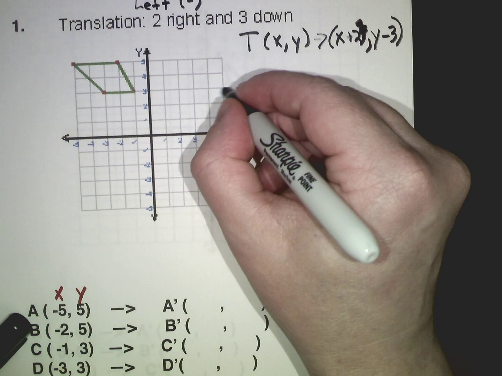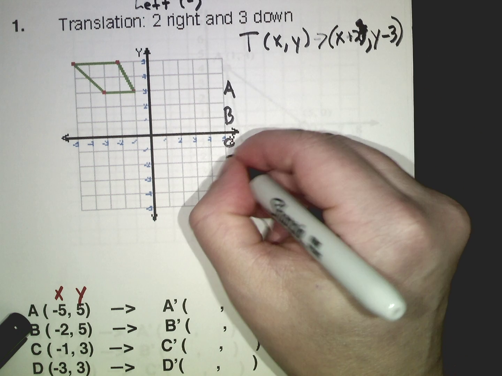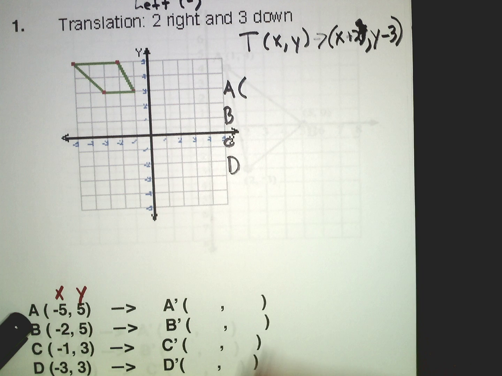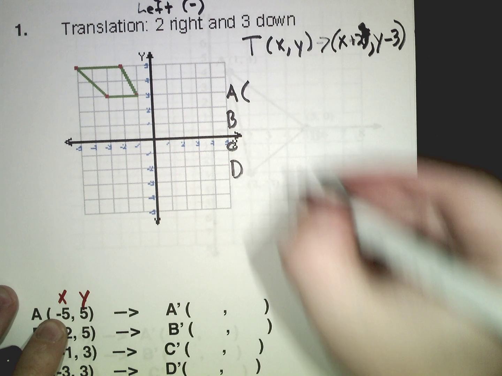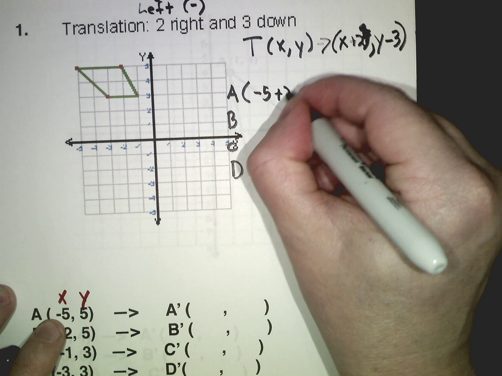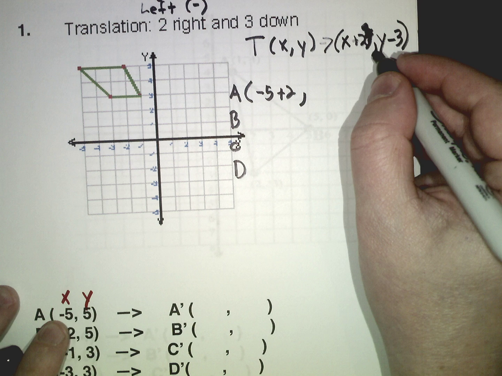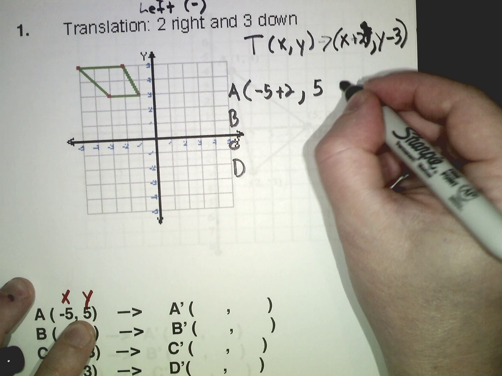I'm going to look at my A, my B, my C, and D. I'm going to make them into A prime, B prime. So I already have my A down here. I'm going to take negative 5. I'm going to add 2 to it, because that's what my rule says. Then I'm going to take my Y, which is 5, over here. I'm going to subtract 3 from it.